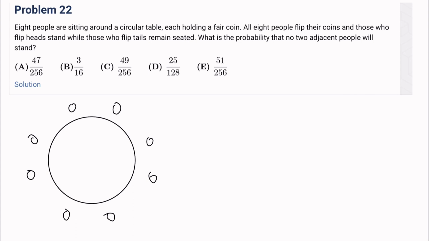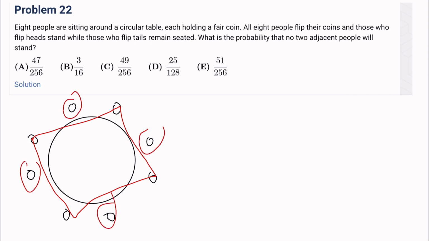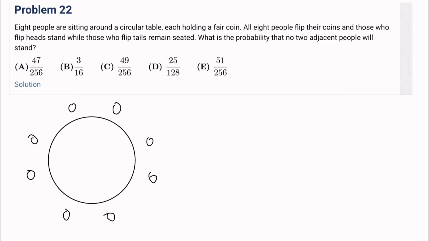Okay, so for those who got heads, for all of them to not be adjacent, the maximum is 4, because this would be the possible arrangement at 4, and if there's 5, then the 5th would have to be adjacent to one of these 4 people, and that would not meet the condition that no 2 adjacent people should stand, right? So we can have 0 people stand, 1 person stand, 2 or 3 or 4 people stand.